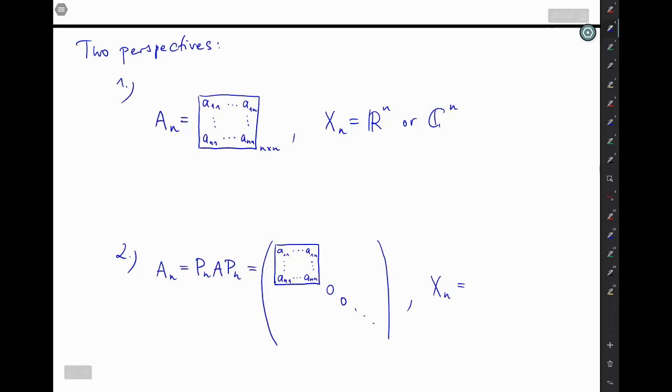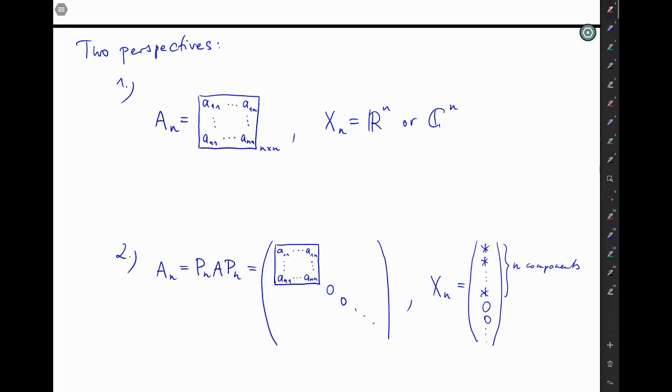But again, these only live on the first n components. Let me abbreviate this like we did before. So every star represents a free variable that is running around the real or complex numbers, and we have n of them, and then all the rest has to be 0.